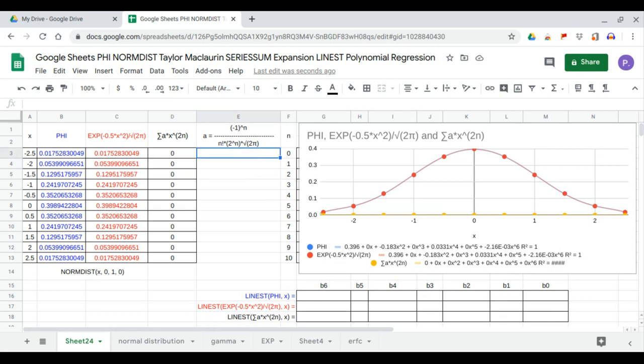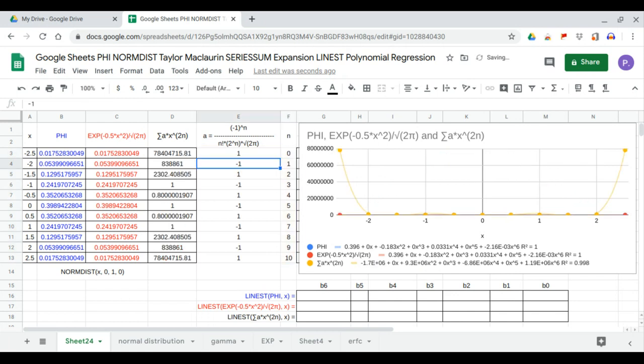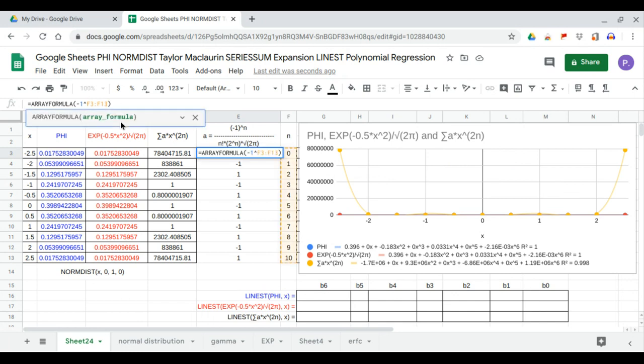We will now work on the coefficient, which is our formula. Let's start with the numerator, negative 1 to the power n. Now that we have the numerator, we work on the denominator, which has 3 parts.